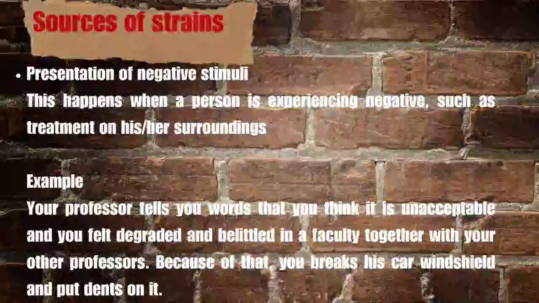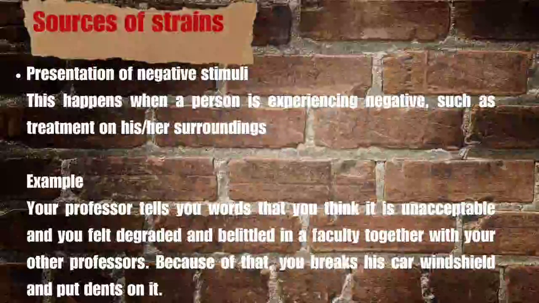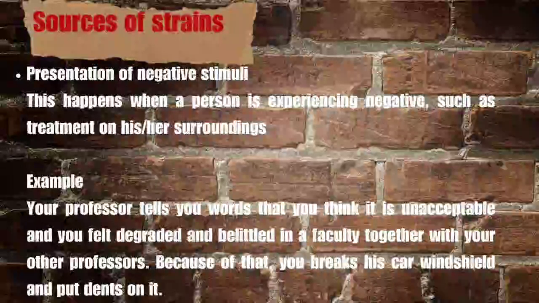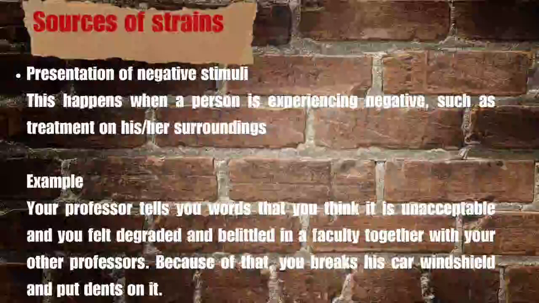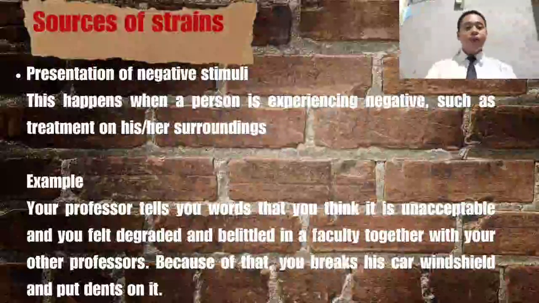And the best example of this source of strain is the case of the Menendez siblings. We all know that our home is a place of love and comfort, but they didn't feel that way. So as a response to the presentation of negative stimuli that they experienced, they committed a crime. So we are done with the sources of strains.